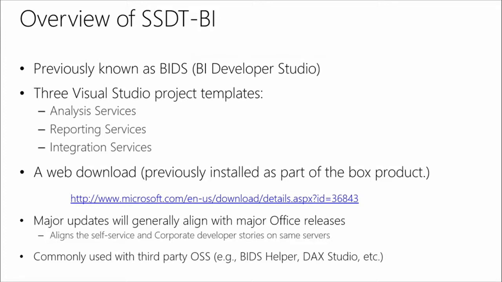As we ship in Excel, that means our cadence will match the Office schedules, because we can't have Excel and what you can do in Excel be out of sync. So I believe the practical implication is that when there's a major new release of Office or BI functionality with Office, you could expect to have to go download a new release of the BI tools to get that new functionality.